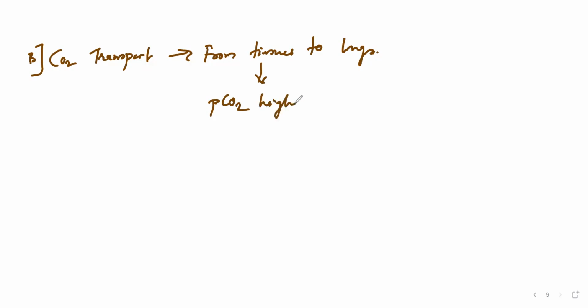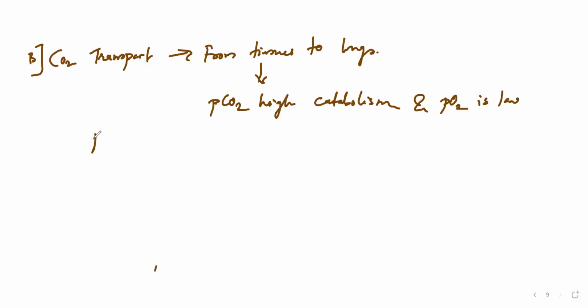And why is it high? It is due to catabolism. And the partial concentration of the oxygen is also low. So when there is a low oxygen concentration and high CO2 concentration, at that time the carbon dioxide transportation takes place. So this is in case of the tissues.